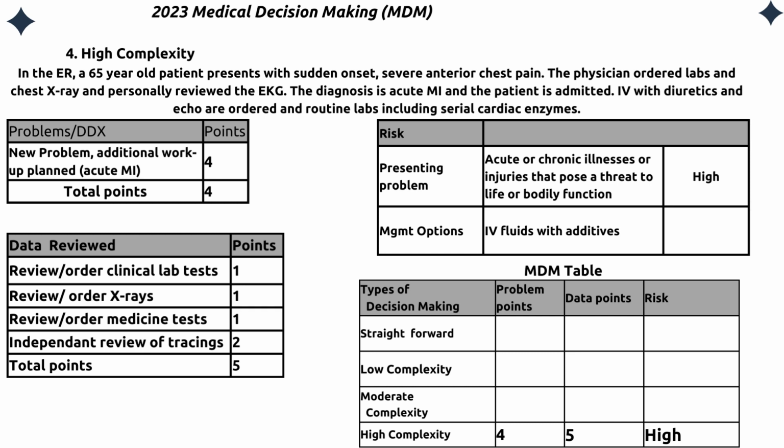If we use the MDM points table, then we can determine the level of MDM. Since as per our rule only 2 of 3 dimensions are required, this would add up to high complexity medical decision making. Now here we have almost finished MDM based guidelines according to the 2023 updates.